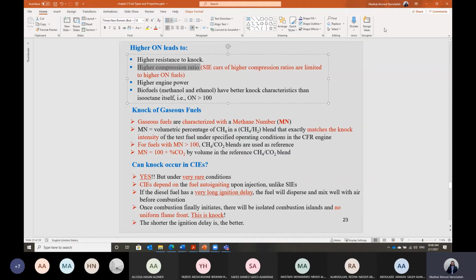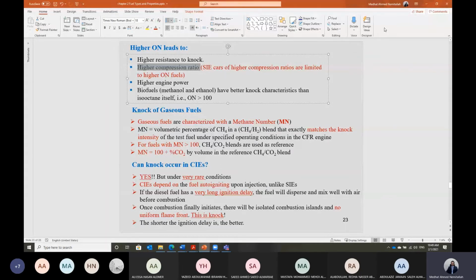And if this car is turbocharged or supercharged, they will tell you that this car cannot work with octane number less than 95, to avoid engine knock or self-ignition of the fuel. This is the case for a car designed to have a higher compression ratio, and that's why it is designed to use fuel of higher octane number.